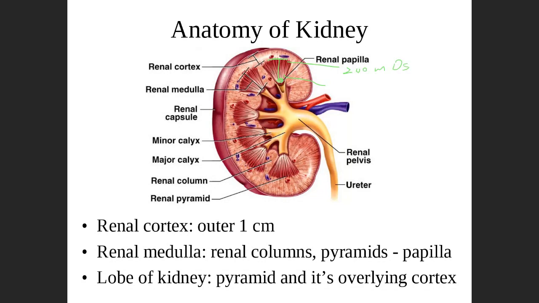That's just some value of salt there. But if you go deeper into the medulla, it actually increases to 6 times, to 1200 milliosmolarity. So my point here is that as you go deeper into the medulla, the salt concentration is higher.